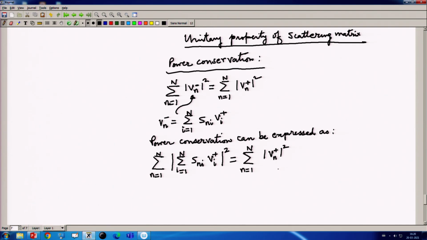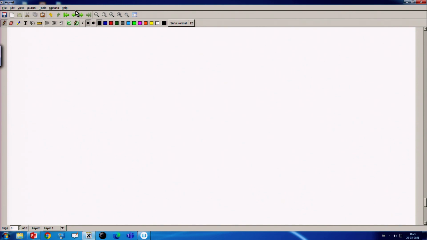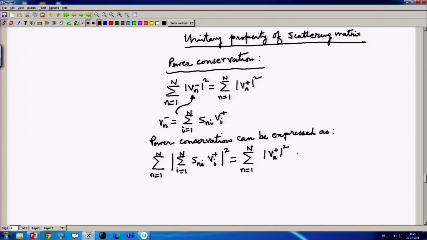Now, we have no restriction on the choice of V n plus, so we will choose all V n plus to be 0 except at the ith port. Before that, let us give a number to this equation, that is 3.